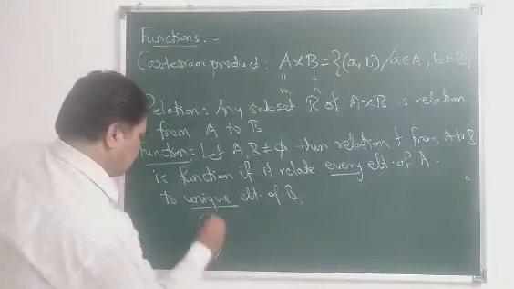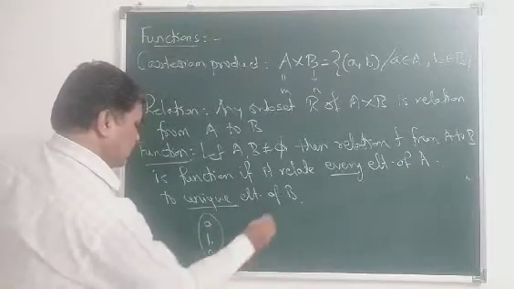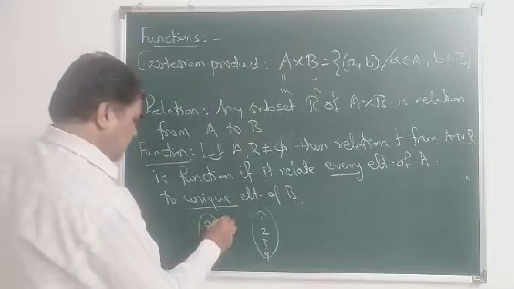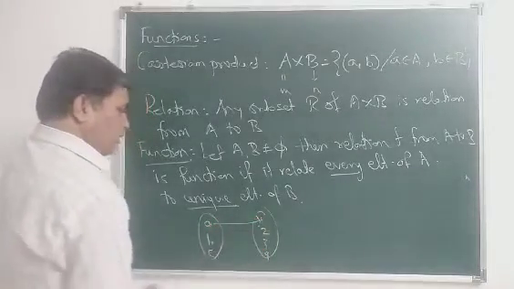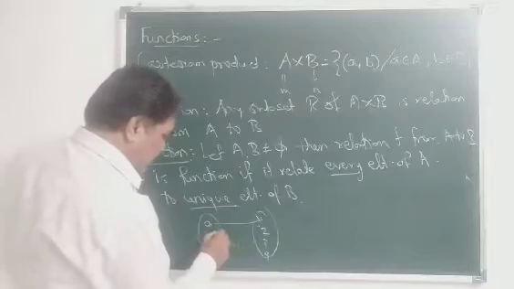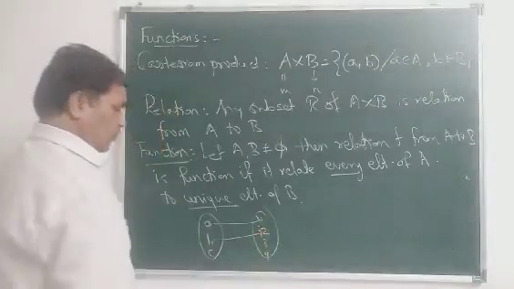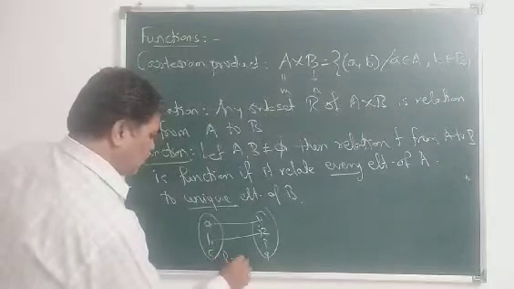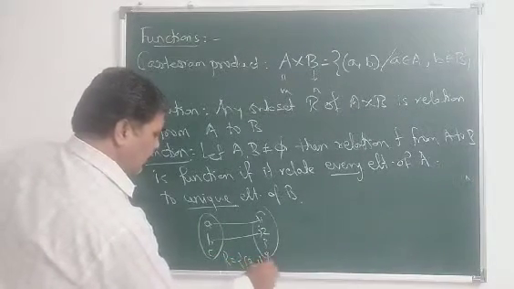Now here, suppose A, B, C and 1, 2, 3, 4. If A is related to 1, B is related to 2, this relation contains two pairs, (A,1) and (B,2).